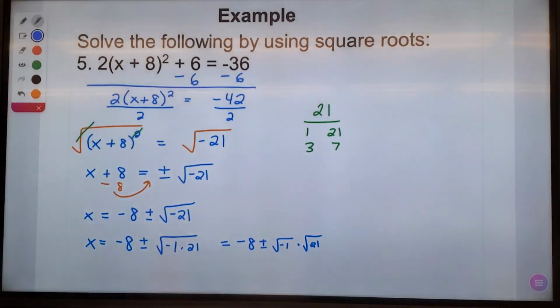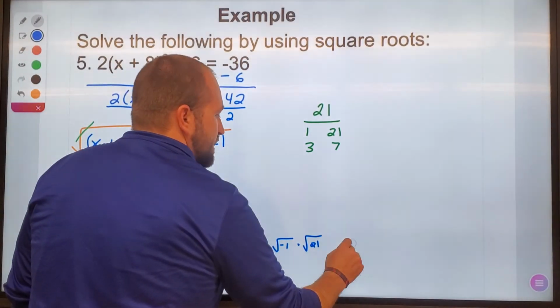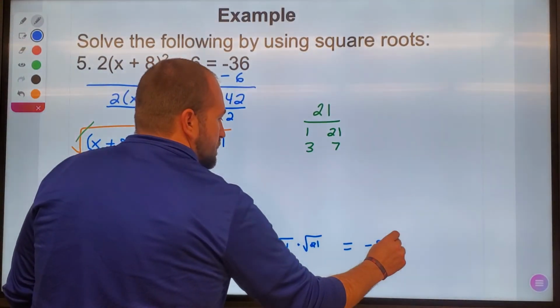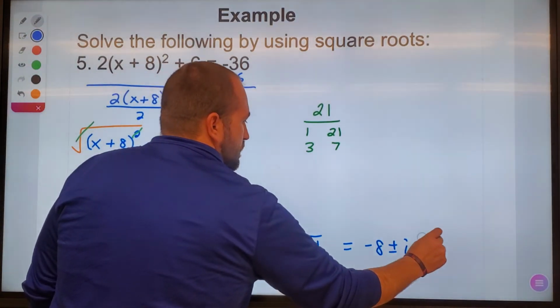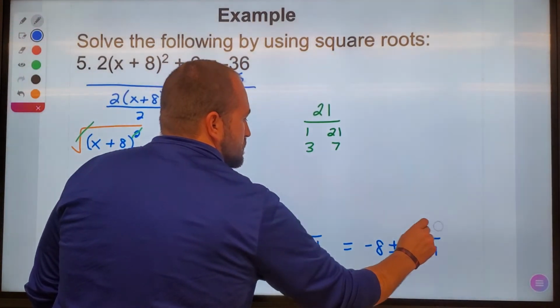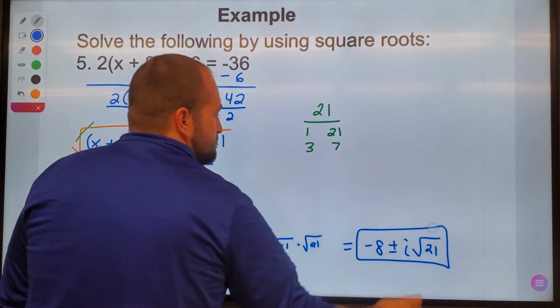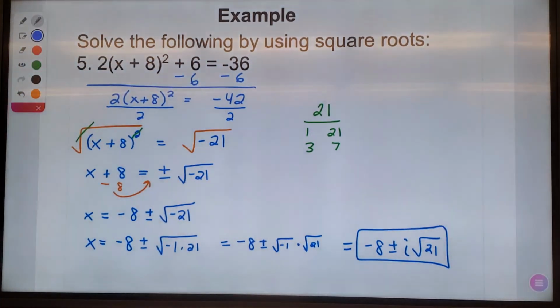And the square root of negative 1 is again then i. So negative 8 plus or minus i square root of 21. Okay, then that would be our final answer.